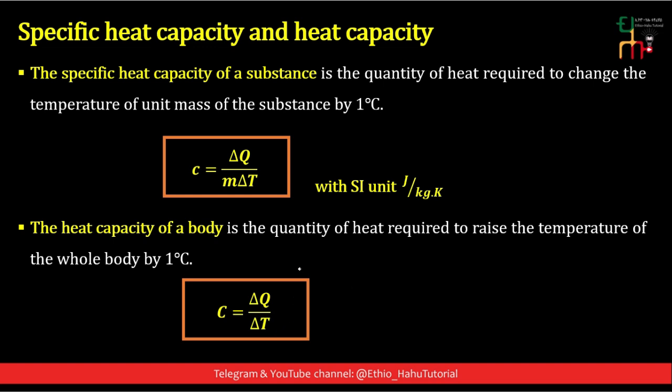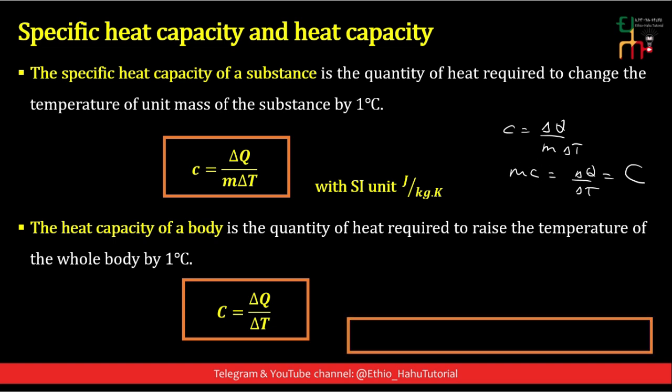Heat capacity is simply mass times specific heat capacity. c is equal to the quantity of heat required to raise the temperature of a unit mass of a substance by 1 degree Celsius. Multiplying both sides by m, m times c is equal to delta Q divided by delta T. But delta Q by delta T is heat capacity, capital C. This heat capacity is simply mass times specific heat capacity.